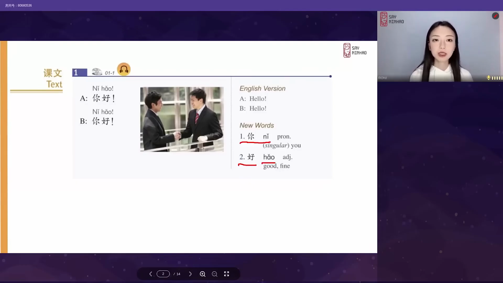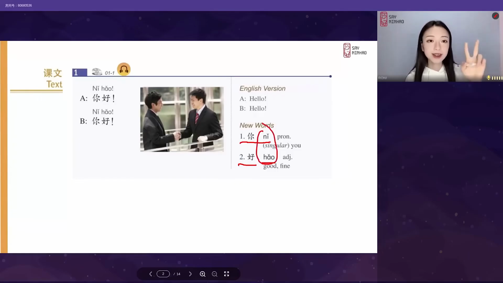So when we put these two characters together, we can get hello, 你好. When we put these two together, what should we do? There are two third tones put together. Well, yes, tone sandhi, right? We should change the former one into second tone. So it is not the third tone, it's the second tone 你好.